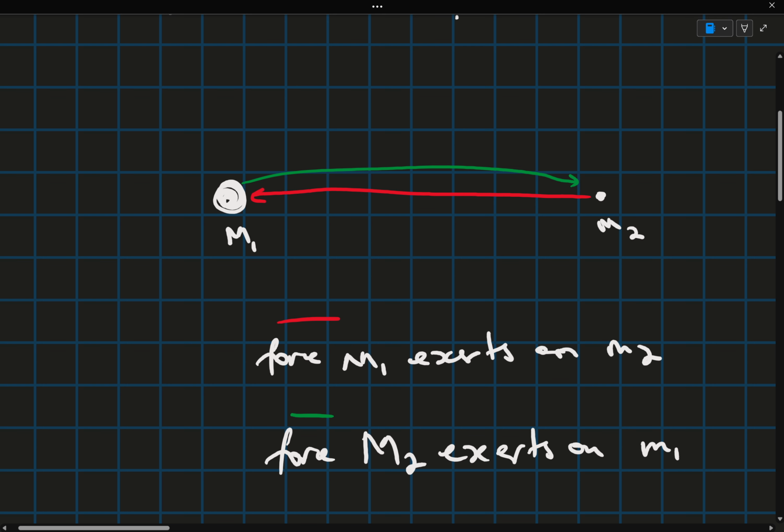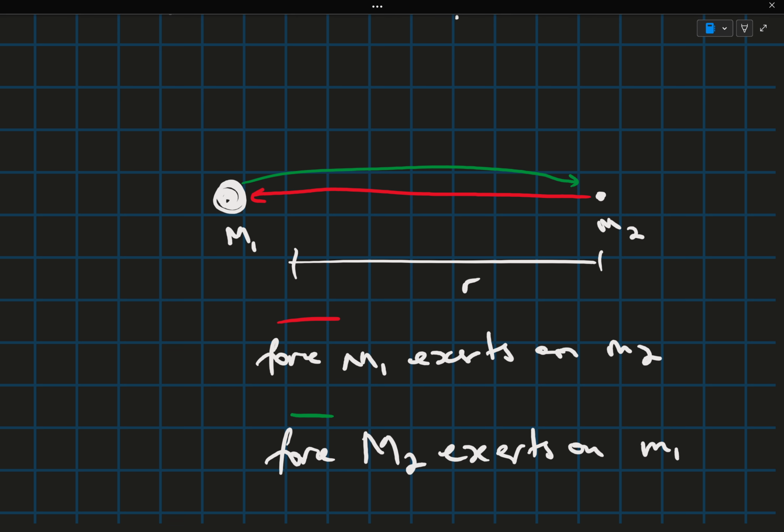So any two masses, M1 and M2, separated, I forgot to add this, by a distance r, we use r as the distance in this case, will have some amount of gravitational force associated with them.